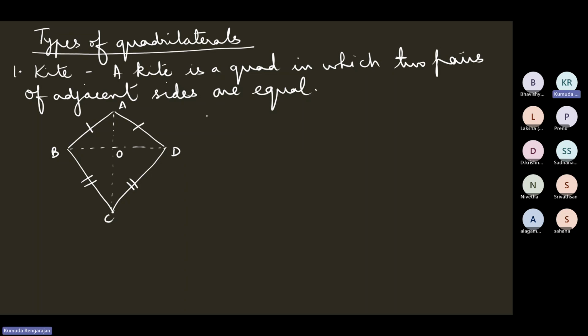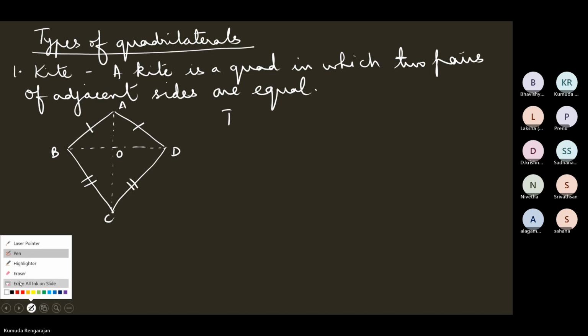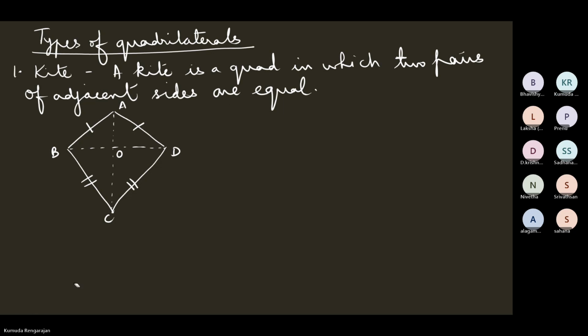In a kite, opposite sides are not parallel. That's the most important feature. Opposite sides are not parallel.